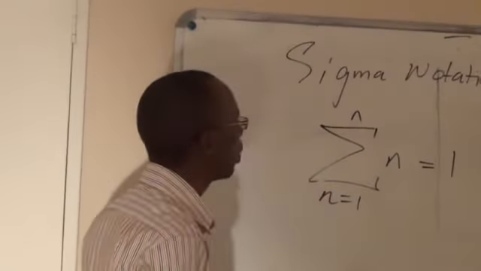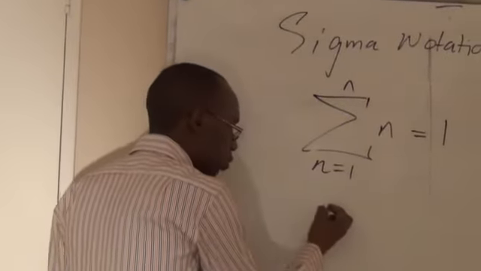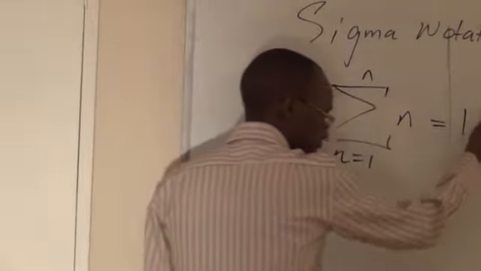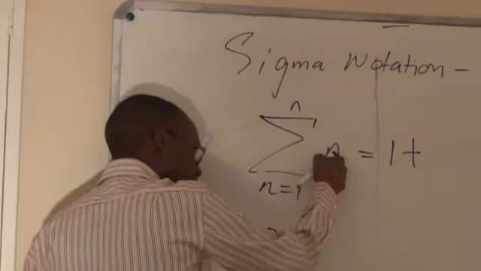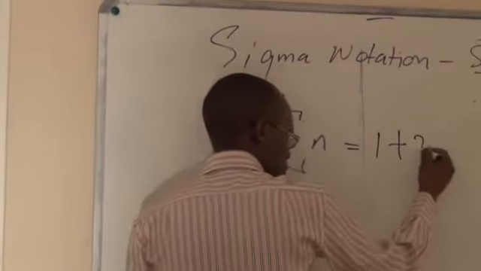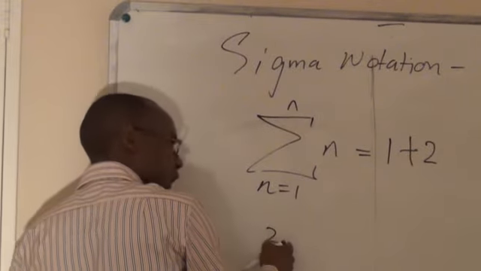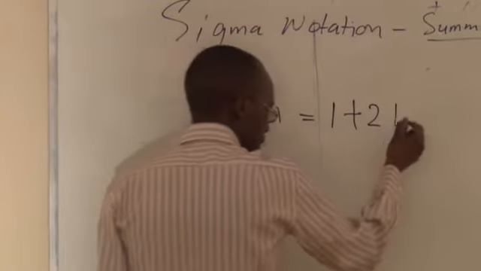Then what we want you to actually do next, move from 1 to 2. So now if I'm going to move, my n now is not 1, because I'm now at 2, so plus 2. Move again from 2 to 3. So my n now is 3, plus 3.